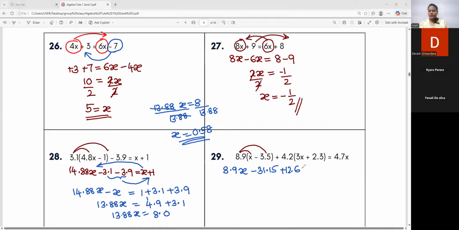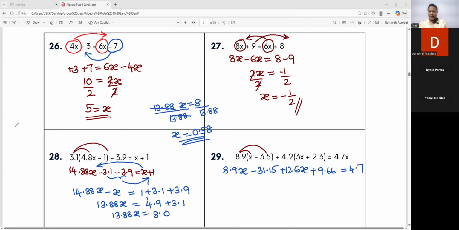Keep the decimal point: 12.6x plus 4.2 times 2.3. That is 9.66. 9.66 equals 4.7. Now we'll see the x terms.